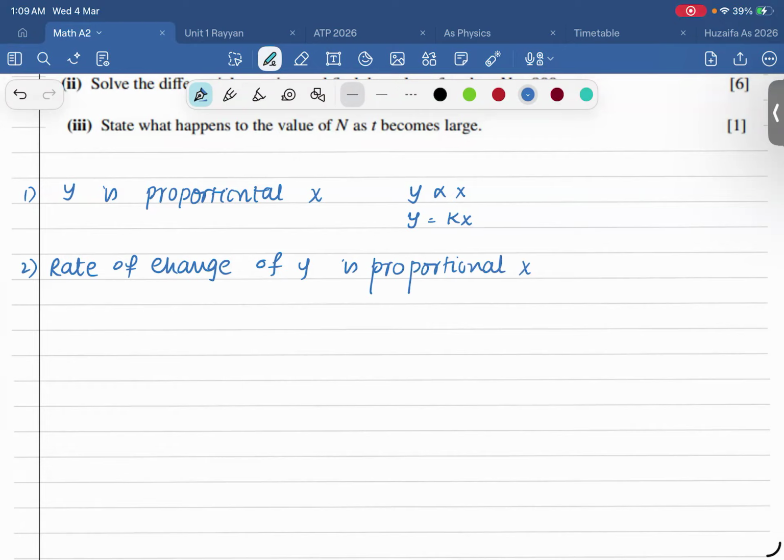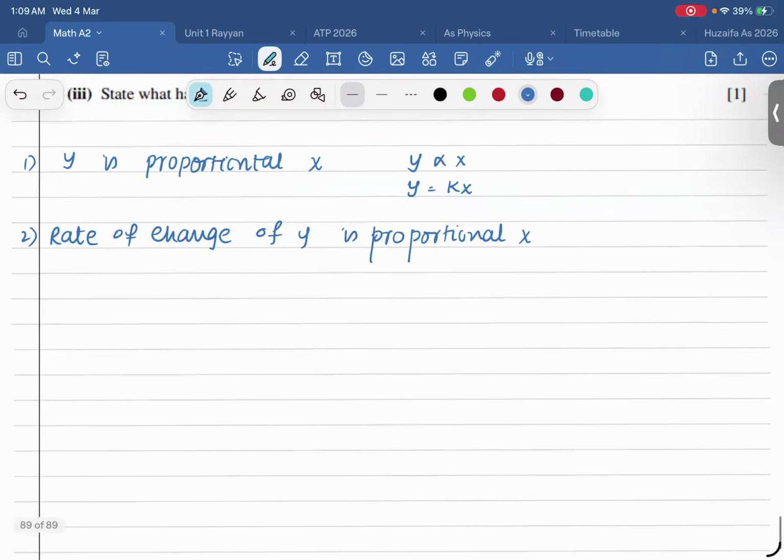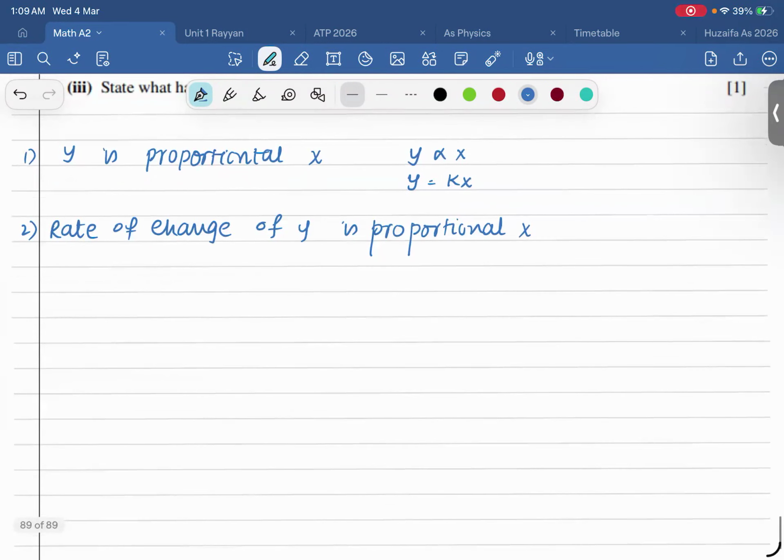This is the second type of word problem. What you have to do is, the rate of change of y would be dy over dt, is proportional to x, and when you remove the proportionality, you will get dy over dt equals k times x. This is the second easy thing.